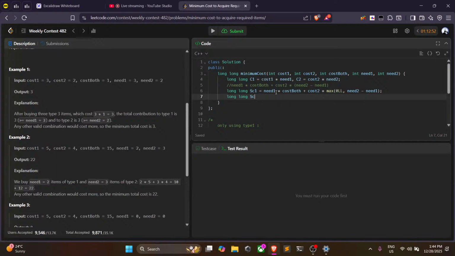Scenario 2 is fairly equal: just need 2 into cost both, minus cost 1 second. I think this is the answer. So I'll return the minimum cost of scenario 1, scenario 2 and C1 plus C2. Fairly, this should be the answer.